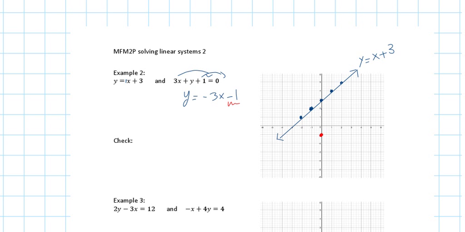Down 3 to the right 1. So 1, 2, 3, and then 1 to the right. Can I go one more? I can't, right? It doesn't fit on the graph. So if I want to go up 3, which way do I go? If I go up 3, then I have to go to the left one. So I can go up 3, 1, 2, 3, and then 1 to the left, and I find this.